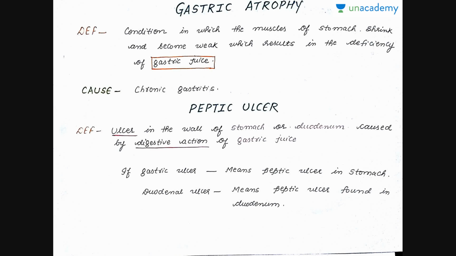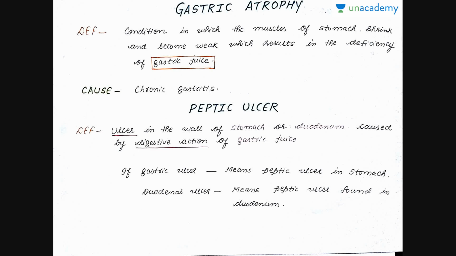It is defined as an ulcer in the wall of the stomach or duodenum, which is caused by the digestive action of gastric juice. If the peptic ulcer is found in the duodenum, it is known as duodenal ulcer, and if it is found in the stomach, it is known as gastric ulcer.